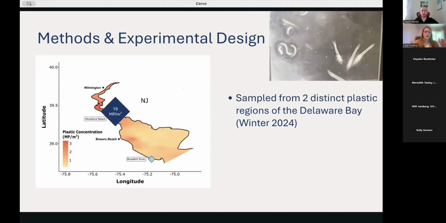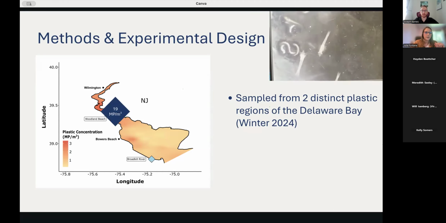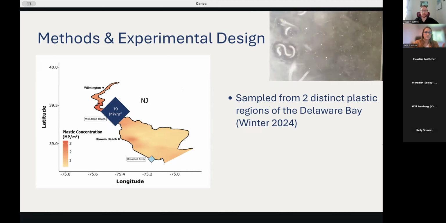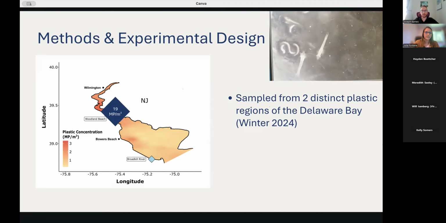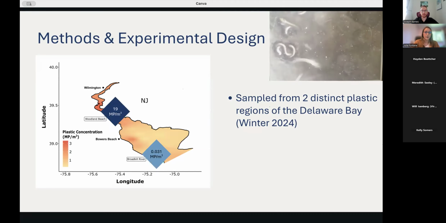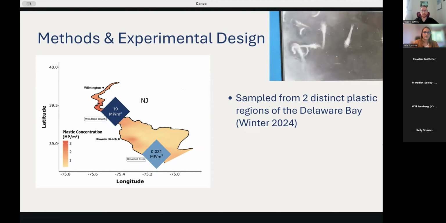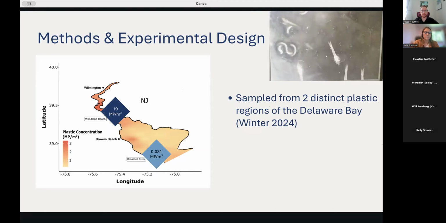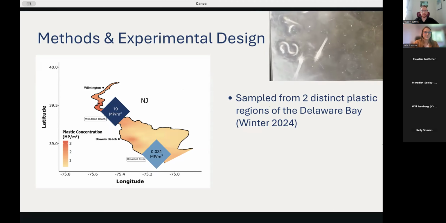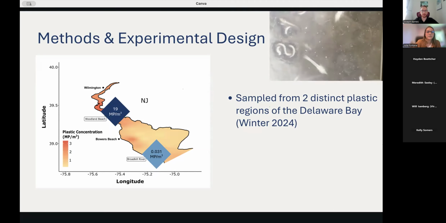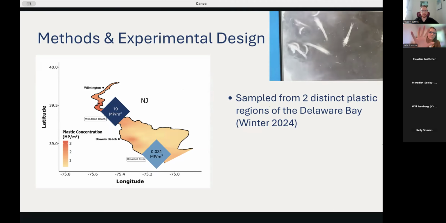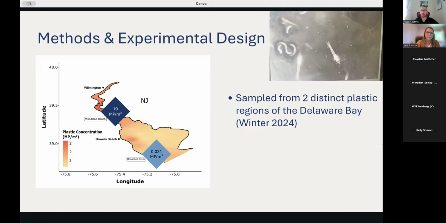Our actual concentrations of microplastic in the water at that time were 19 pieces per cubic meter at the high plastic location, which is a relatively high concentration of plastic, versus 0.03 pieces per cubic meter at the mouth of the Broadkill River in Lewes. So we definitely have these regimes of high plastic versus low plastic in the lower bay.